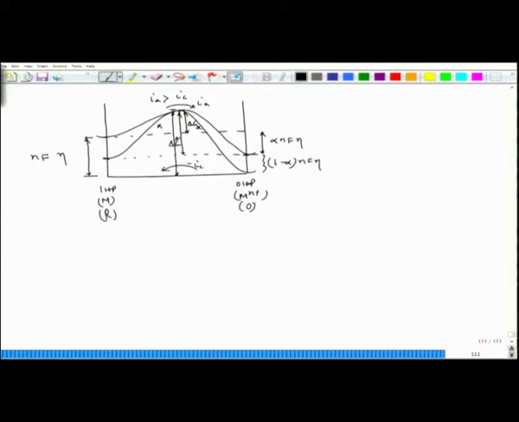This is delta GC, and delta GC equals delta G star plus (1 minus alpha) NF eta. So, this plus this much, whereas delta GA equals delta G star minus this much.